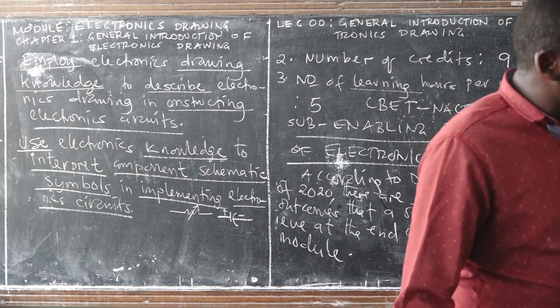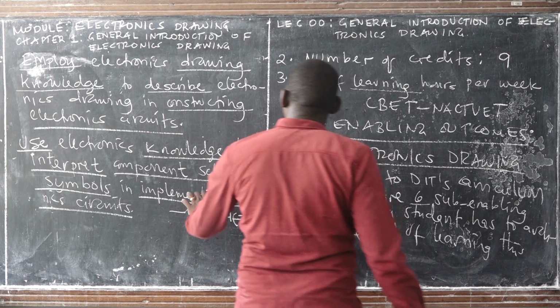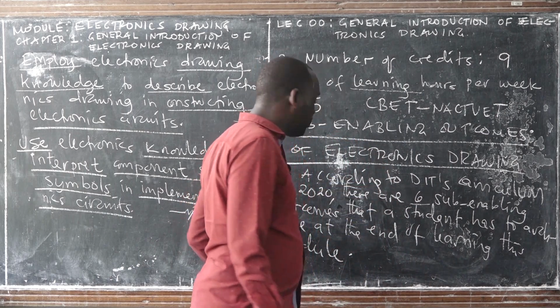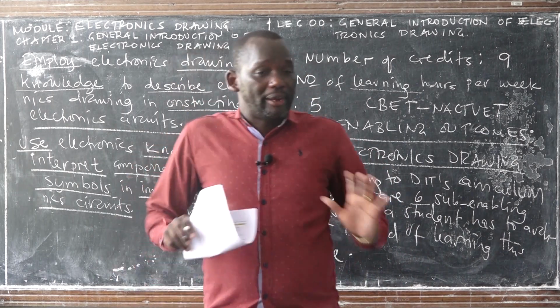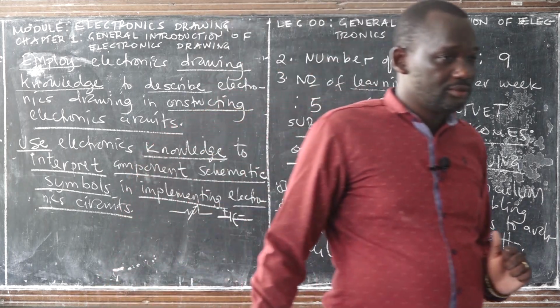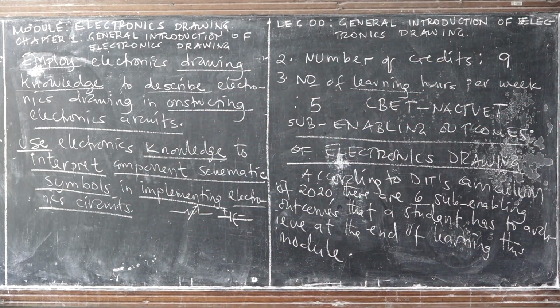We have two topics within this sub-enabling outcome. The first one is specifically called schematic symbols, because I have to teach you. I should not expect miracles, that you sleep and then wake up knowing the schematic symbol for an operational amplifier. No, we have to teach you. So within that sub-enabling outcome, I developed two topics or chapters.